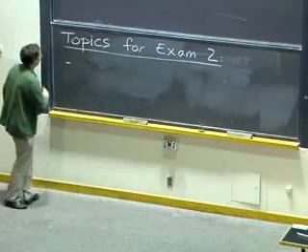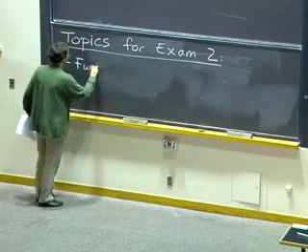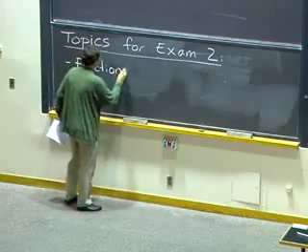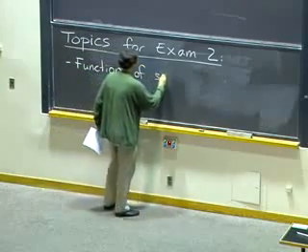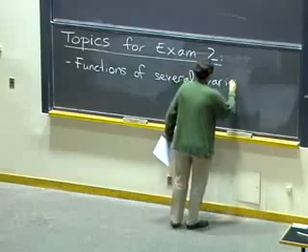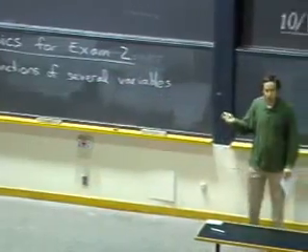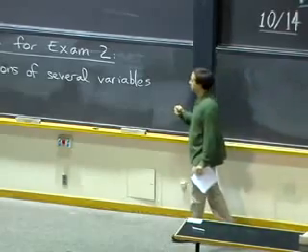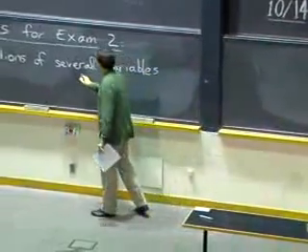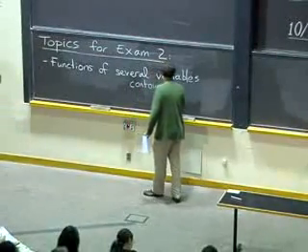The first thing we learned about, the main topic of this unit, is functions of several variables. We've learned how to think of functions of 2 or 3 variables in terms of plotting them, in particular, not only the graph, but also the contour plot, and how to read a contour plot.